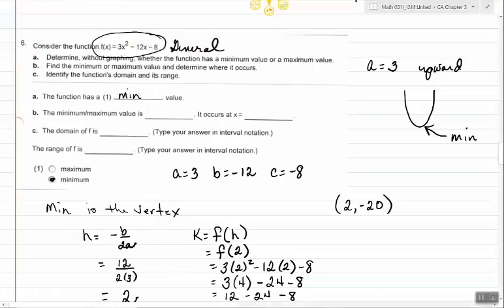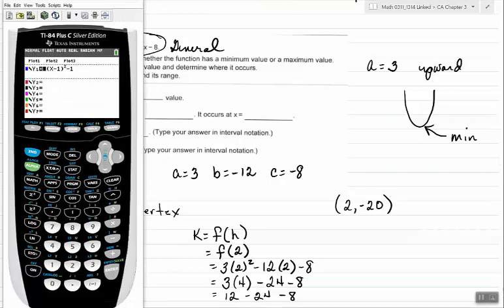Whoops. I was hoping. All right, clear. So I have 3x squared minus 12x minus 8. Double check, that's the right one. I'm going to do a zoom 6.